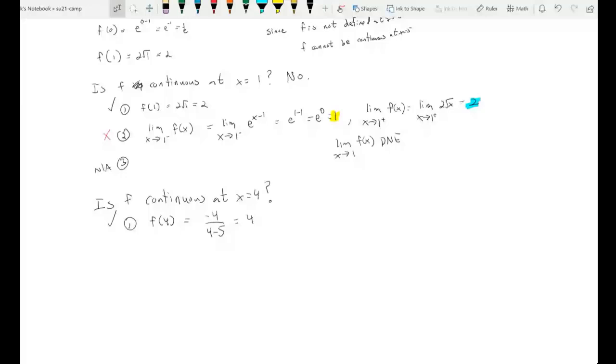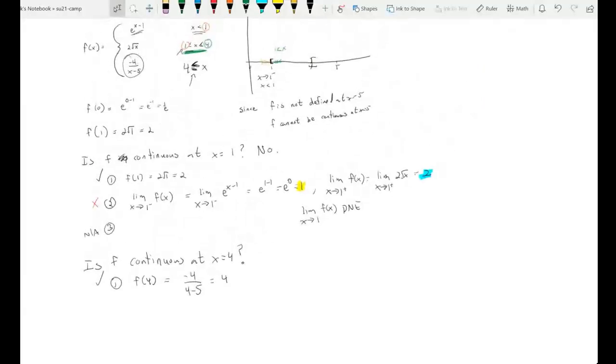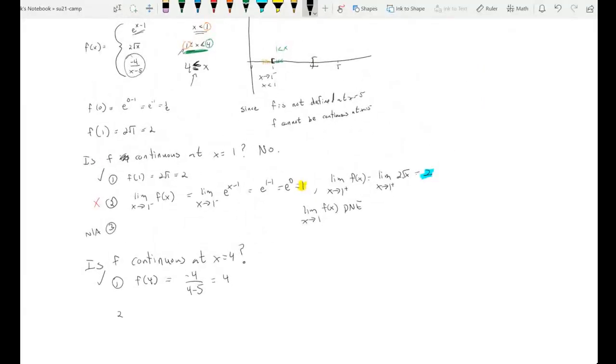All right, so then you go on to the next condition, and you ask yourself, does the limit exist as x approaches 4? Well, for that, you want to compute the limit as x goes to 4 from the left, in which case you would use the middle piece, because x is close to 4 but slightly less than 4. And evaluating directly, this is just 4.